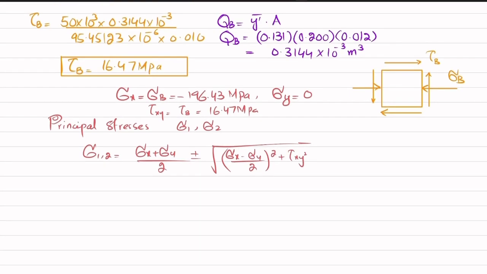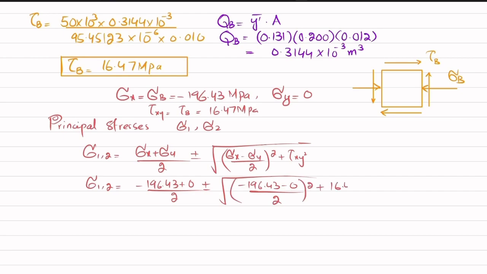Now just put the values: sigma 1 comma 2 is equal to minus 196.43 plus 0 divided by 2, plus minus under the root, minus 196.43 minus 0 divided by 2 whole square plus 16.47 whole square, and all these are under the root.